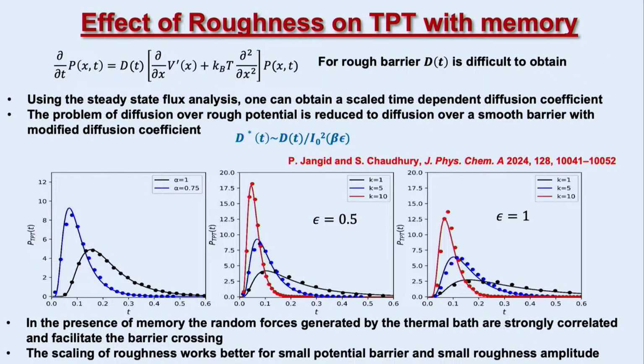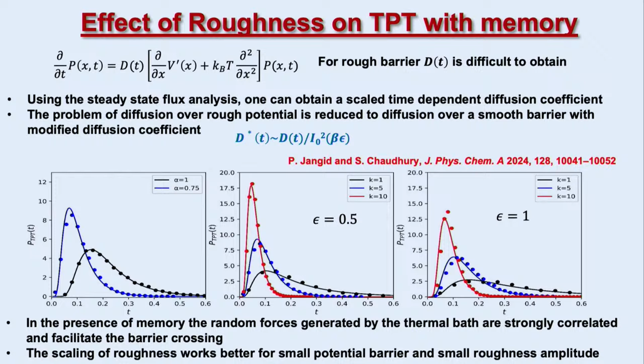So what we do is use a steady state flux analysis and obtain a scaled time dependent diffusion coefficient. This is how the scaled time dependent coefficient looks, and so basically the problem of diffusion over a rough potential is reduced to diffusion over a smooth barrier with this modified diffusion coefficient.